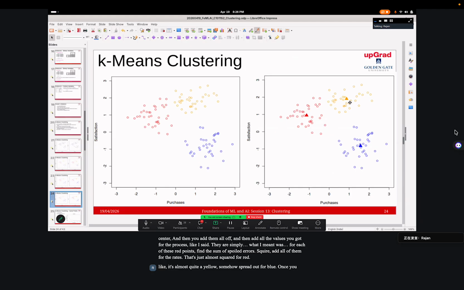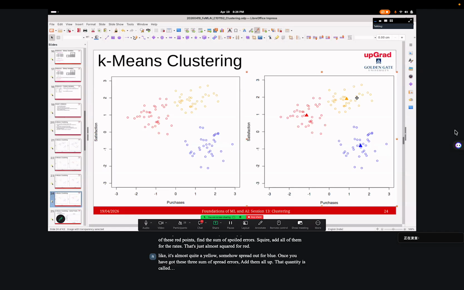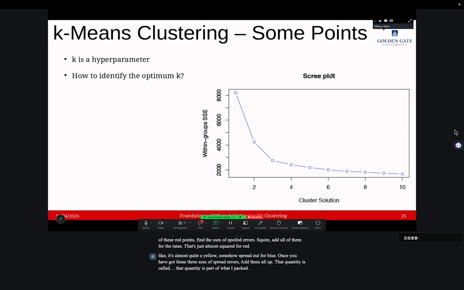Once you have these three sums of squared errors, add them all up. That quantity is called the within group sum of squared errors.